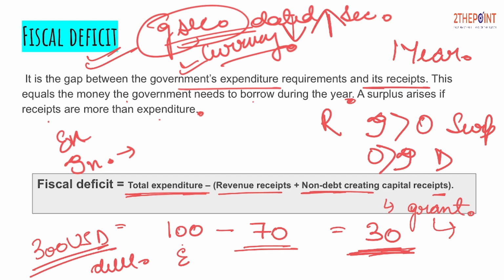That is why it is called non-debt creating capital receipts. So out of the total expenditure, we reduce the revenue receipts that the government is earning, like taxes in a year, and also subtract non-debt creating capital receipts. The amount that comes out is the fiscal deficit, showing the money that the government needs to borrow during a year.